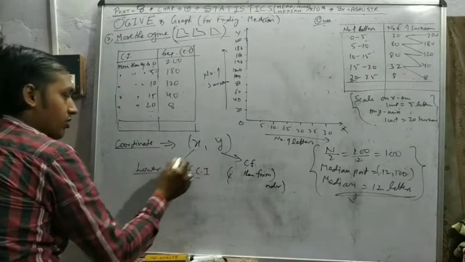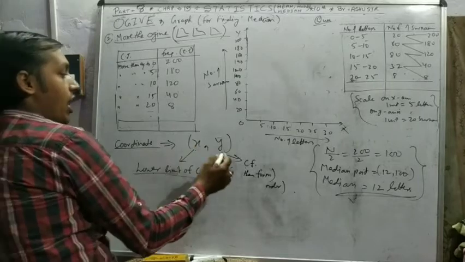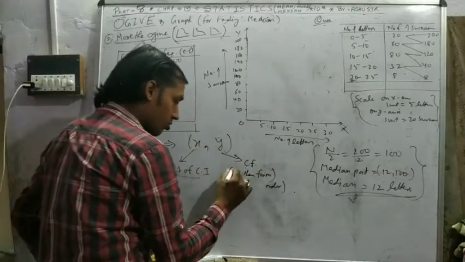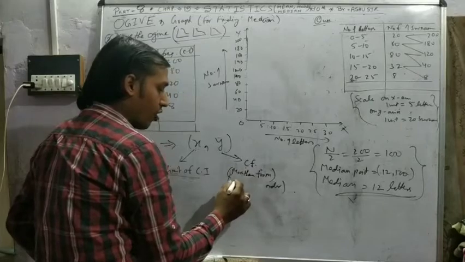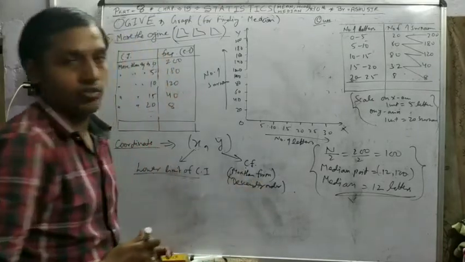So the coordinate is always in the form x comma y. X is the lower limit of the class interval and y is CF, but in more than form, you can say in descending order form.